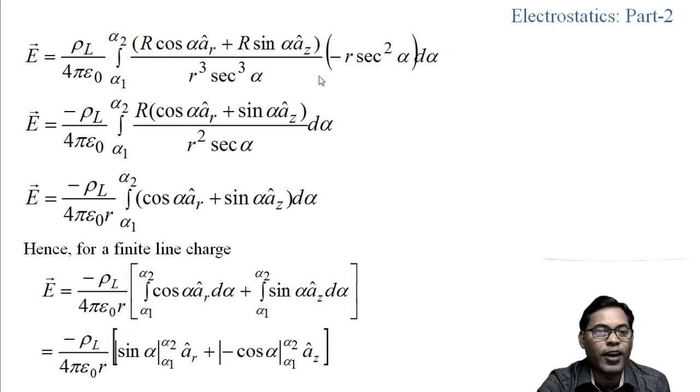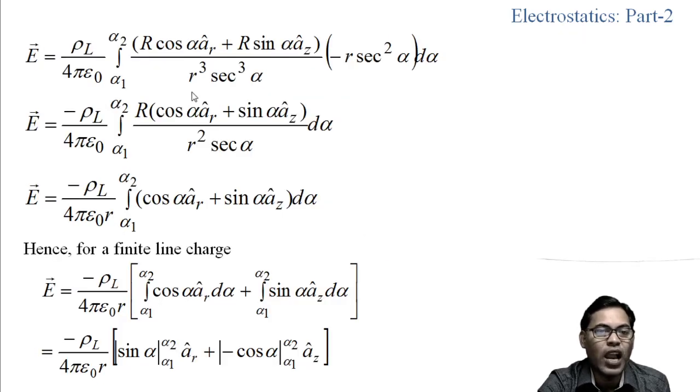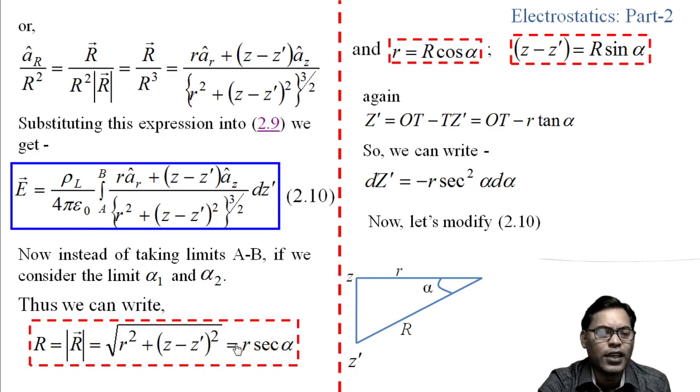Now r square plus z minus z prime square whole to the power 3 by 2, from that we can find that it is capital R cube sec cube alpha. Because if we consider the root as half, then if you multiply by cube, it is 3 by 2, and that is R cube by sec cube alpha.